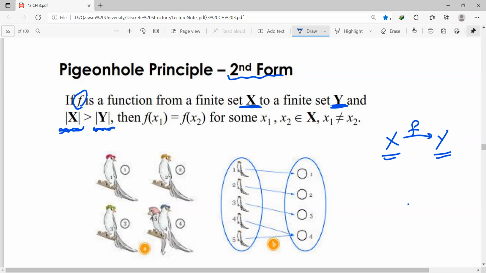Here, let's say if we have 1, 2, 3, 4, 5, so 5 pigeons and 4 pigeonholes. This is x and that's y, and f is a function from x to y. In x we have 5 elements, and in y we have 4 elements. If we define any function from x to y, there must be at least 2 pigeons which go to the same pigeonhole.